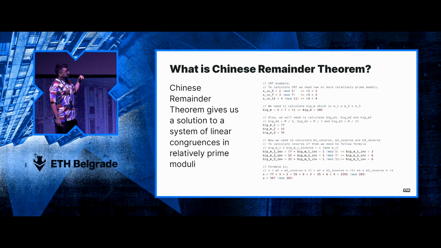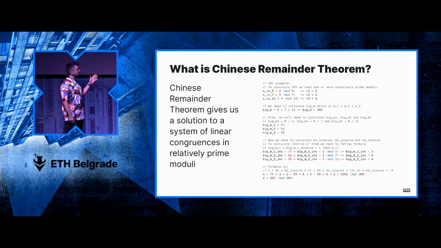We can use these three numbers and get a number x that satisfies these equations. In this case, it's a little bit long example, but 367 mod 385 is our x that satisfies those three equations. This way, we can use different numbers, keep the data, build our original number, and check our constraint.